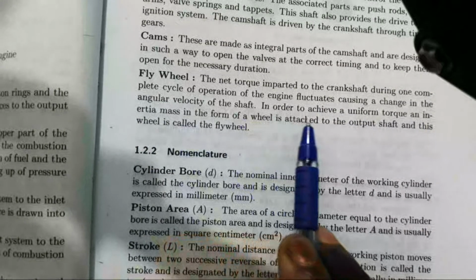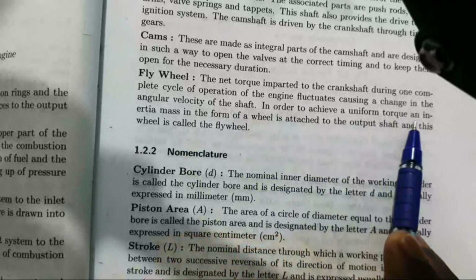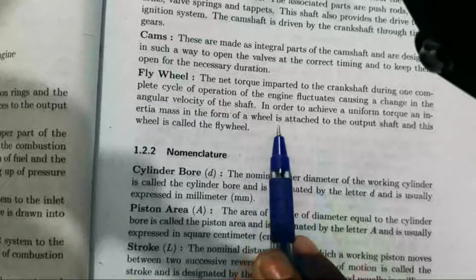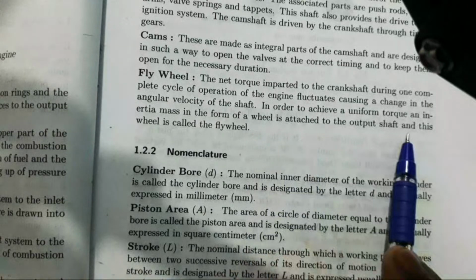In order to achieve a uniform torque and inertia, mass in the form of a wheel is attached to the output shaft, and this wheel is called the flywheel.